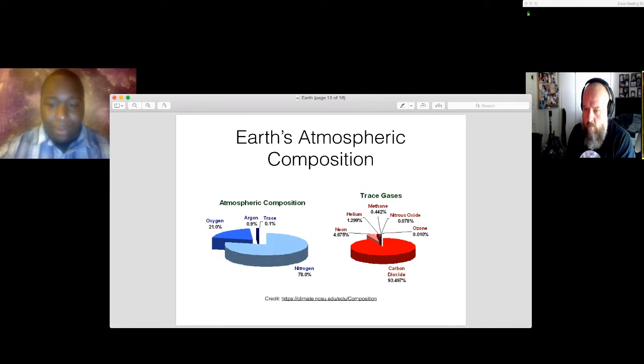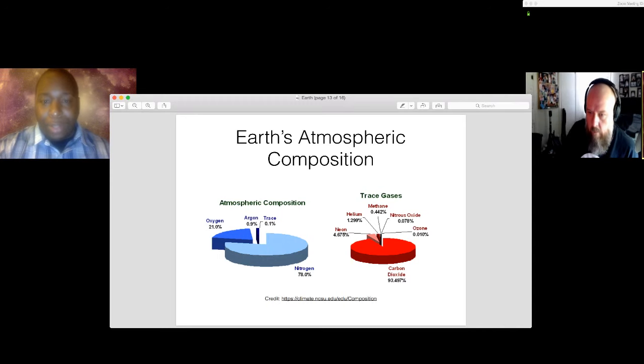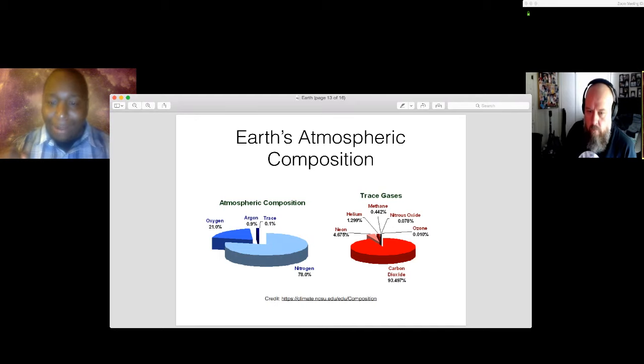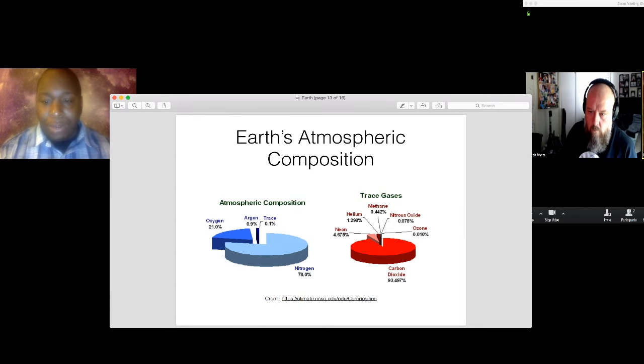It appears that ozone didn't come around until we started having life on our planet, because ozone is made of oxygen, and there's a very interesting relationship between animals and plants, where plants produce oxygen and take in carbon dioxide, and animals produce carbon dioxide and take in oxygen. But yeah, the ozone didn't come around until we started having life on the planet.